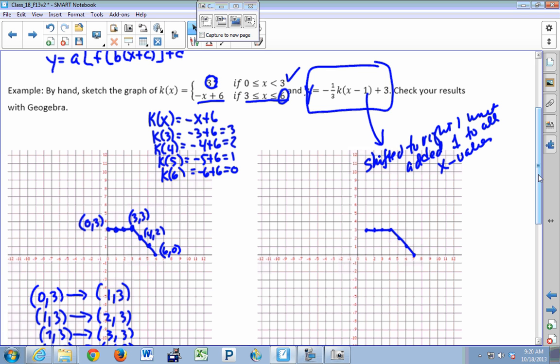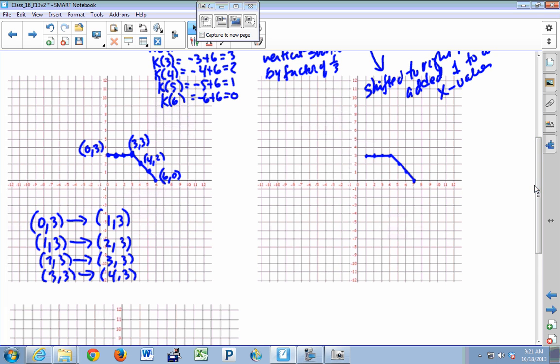So that's the next thing I do. I'm going to do my vertical shrink, by a factor or a multiplier of 1/3. That means you take all your y values. So I'm going to just continue with this little thing I have here.